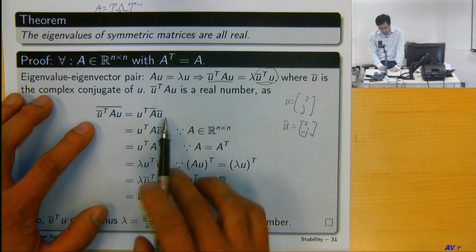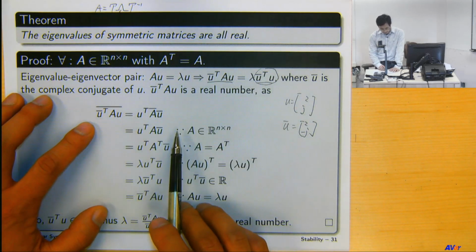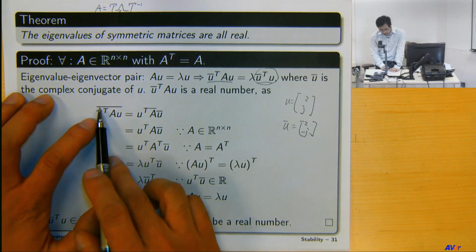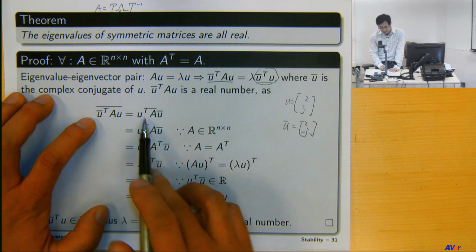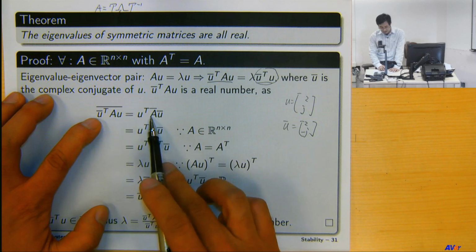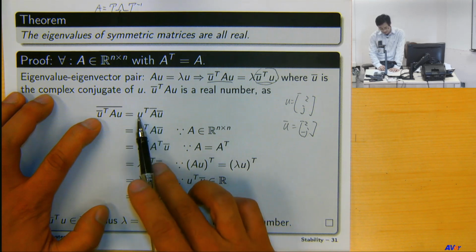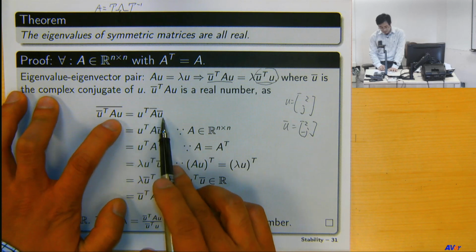In between, we can use the symmetric property over here. First of all, the complex conjugate of the whole product is nothing but taking the complex conjugate of the individual elements and then multiplying together. So it's going to be U bar becomes U, A becomes A bar, U becomes U bar.